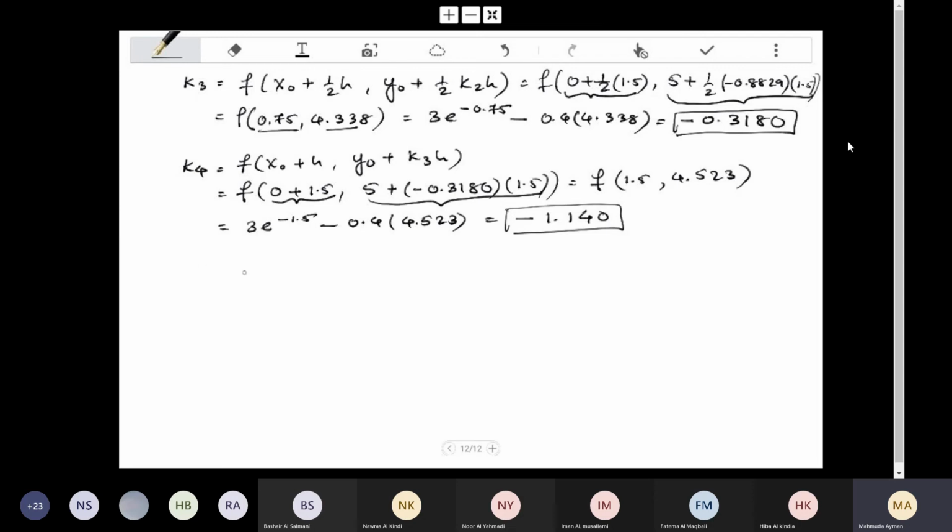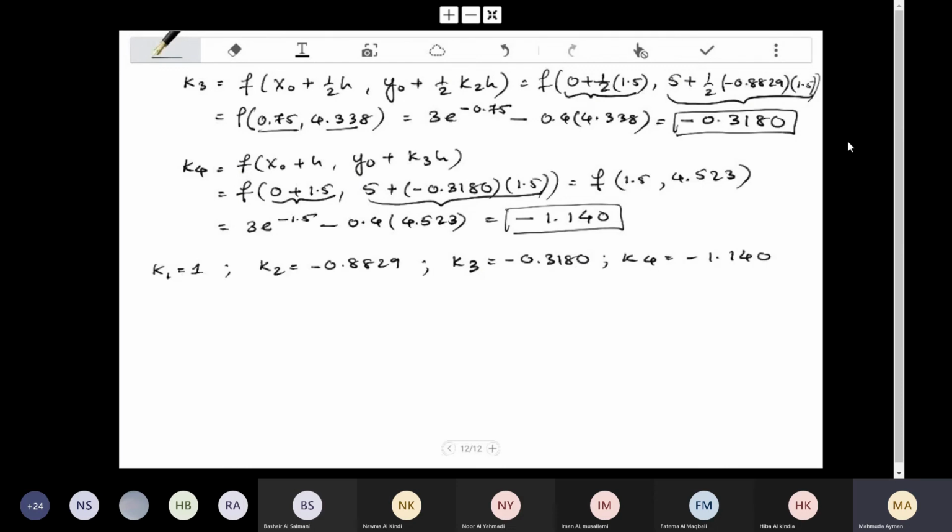So now let's write down all the values of K1, K2, K3, K4. K1 we got as 1, K2 we got minus 0.8829, K3 is equal to minus 0.3180, and K4 is equal to minus 1.140.